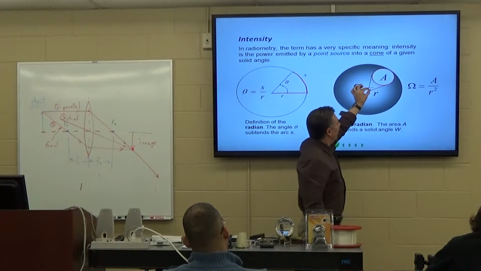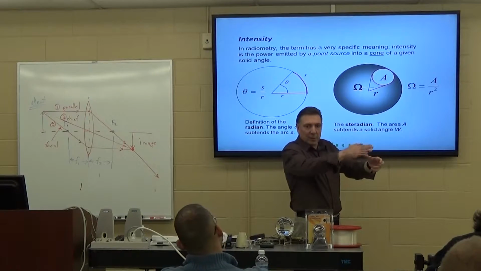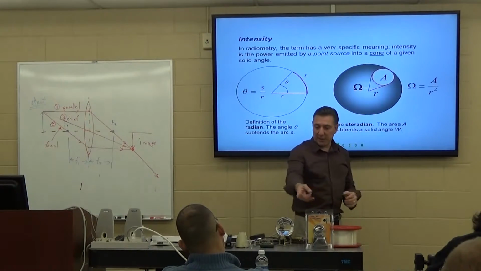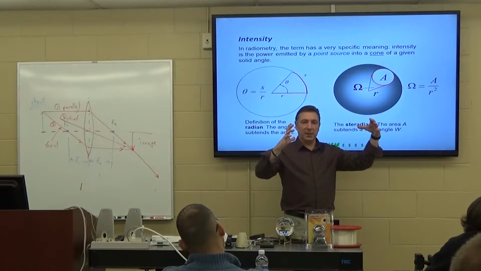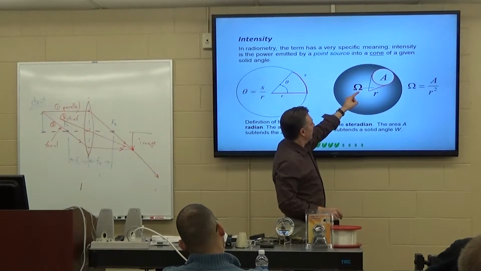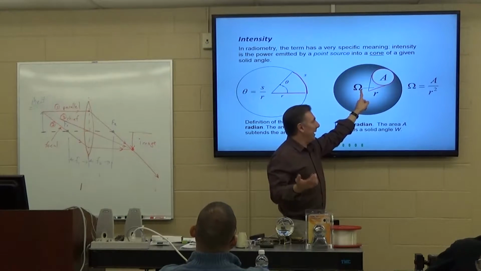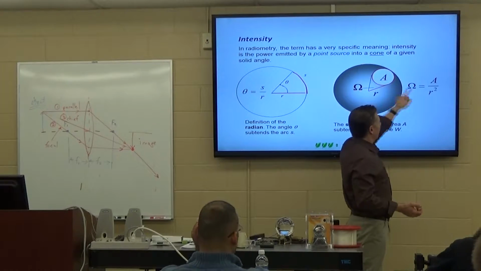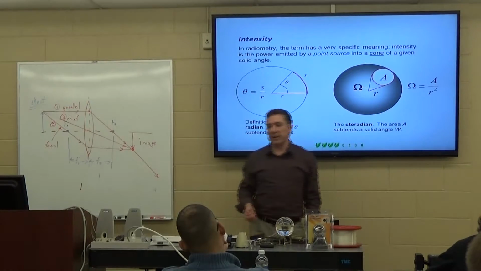Consider this to be a cone, and that cone, when it hits the surface, has a certain amount of area to it. It has a certain radius depending on how big the sphere is. The farther out you go, the larger that area is going to be, and the larger the radius is going to be. So this unit omega here is the unit for steradians. And steradians is equal to the area divided by the radius squared, as you're coming away from the center of that object.